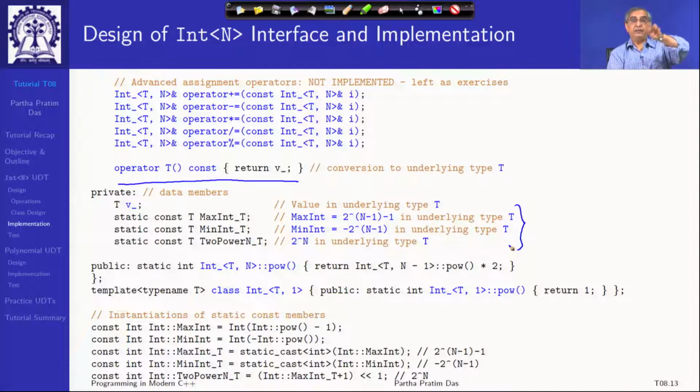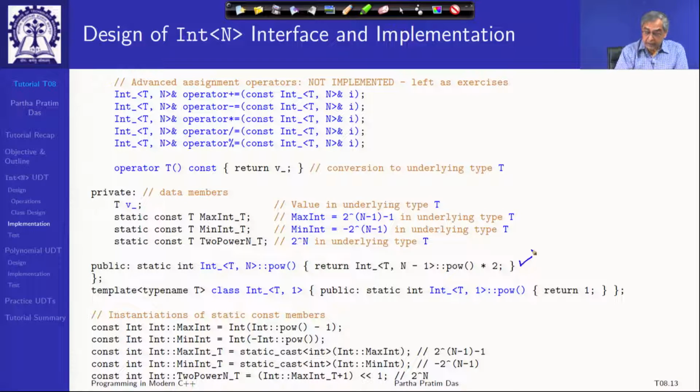So, there is a max int which is my object, and there is the underlying value of max int in the underlying type, that is, if my underlying type is int, a value is in that, because actually I will have to do the implementation computations in terms of that. Here I will need the computation of 2 to the power n.